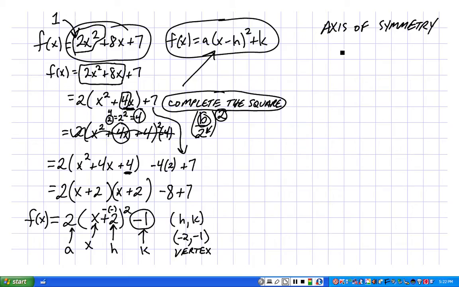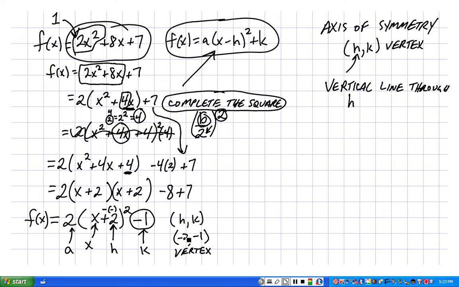Okay, and the axis of symmetry is simply whatever your h is in your vertex. So you would draw a vertical line through your h. Okay, whatever your h is.